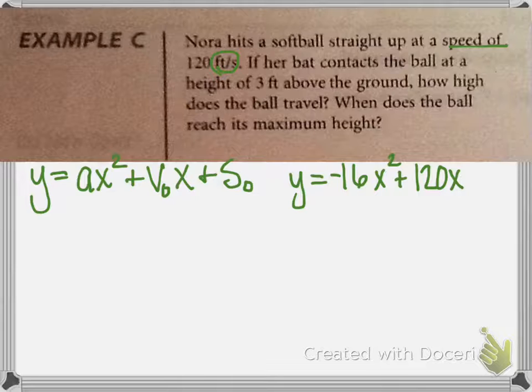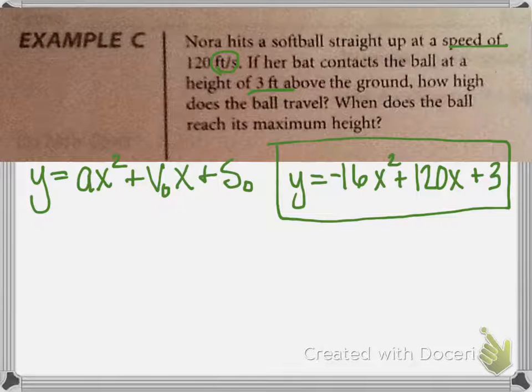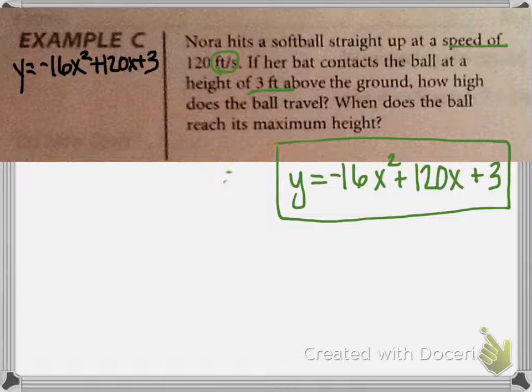And s sub 0 is the initial height, 3 feet above the ground, so plus 3. So here's the equation I'm going to be using throughout this problem. I'm going to rewrite it up here so I always have it: negative 16x squared plus 120x plus 3.